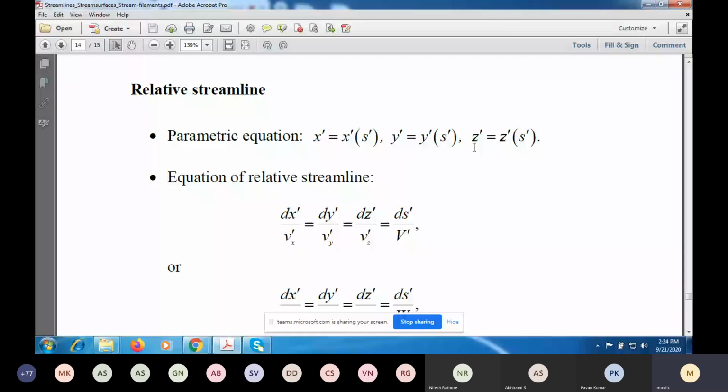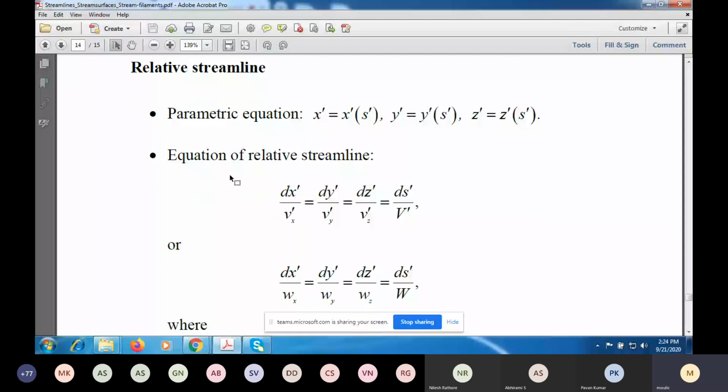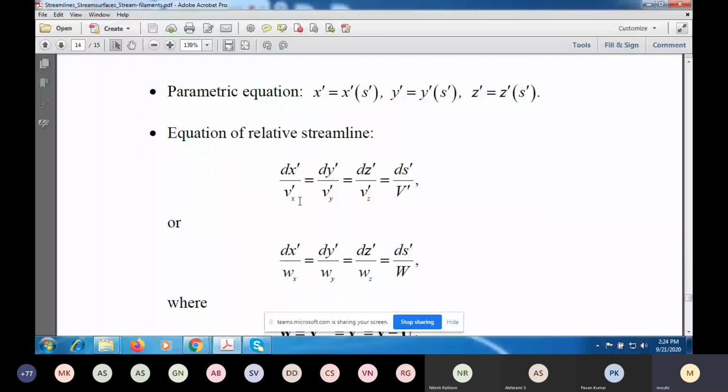So the equation of a relative streamline you can write in the following way: dx prime divided by vx prime will be equal to dy prime by vy prime, and each of these quantities will be equal to dz prime by vz prime. And you can go further and say that these three equations are equal to ds prime by v prime.